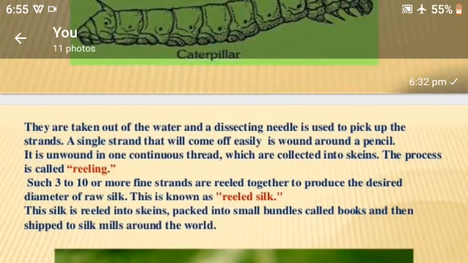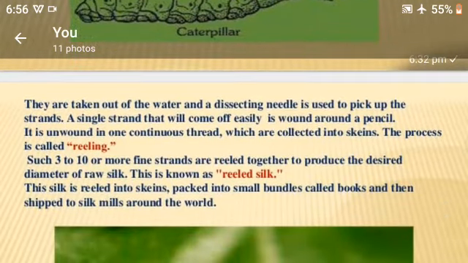It is unwound in one continuous thread which is collected into skeins. The process is called reeling. Three to 10 or more fine strands are reeled together to produce the desired diameter of raw silk. This is known as reeled silk.